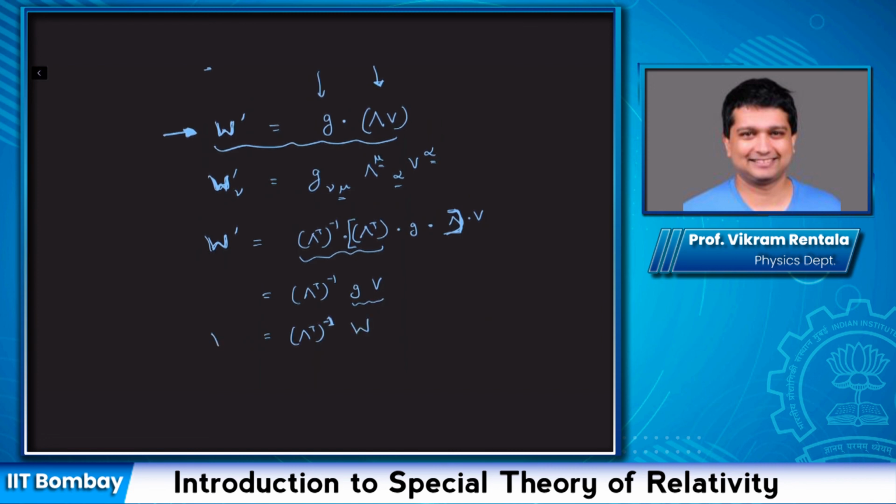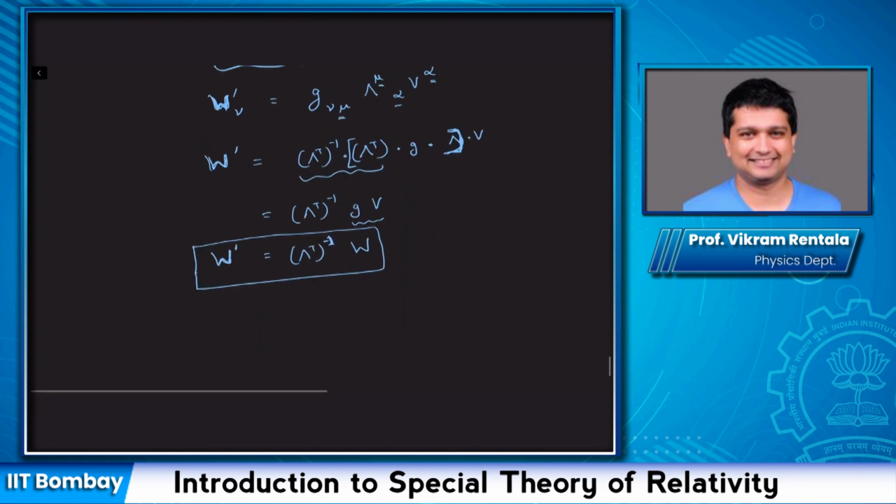So the transformation law for W is different from the transformation law for V. It's not through the matrix lambda, but rather through lambda transpose inverse. And in index notation, we could write this as W prime nu is lambda transpose inverse, whatever this matrix is, we take the nu component and the mu component, W mu.